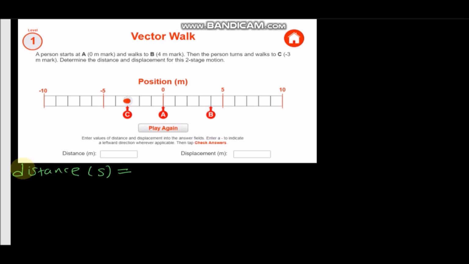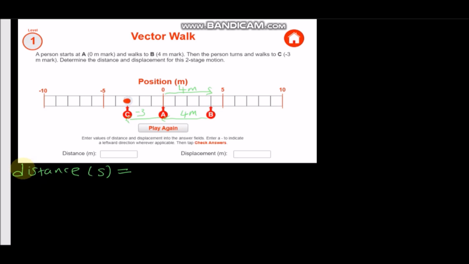From the initial position to this position the person moved 4 meter, and then again the person back to A, again 4 meter, and again back to the final position, minus 3 meter, because in coordinate system for the displacement it's minus 3, but the distance it's 3.